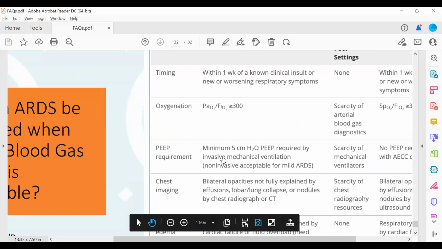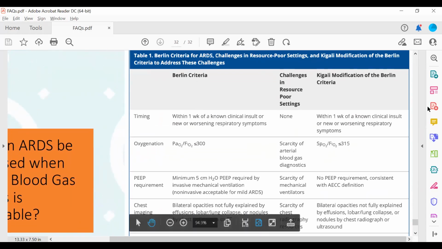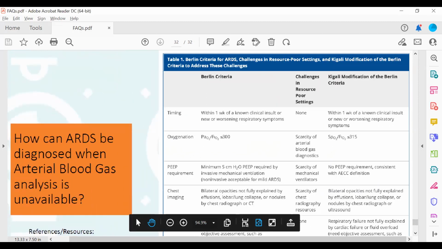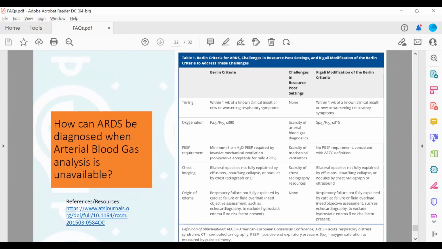Yeah, so I think this is very clear. The team with Professor Theogene Twagirumugabe and colleagues have validated a Kigali modification of the Berlin criteria. As you can see, you have one respiratory insult within 1 week. That has not been changed. But what has been changed is the PaO2 to FiO2 ratio.